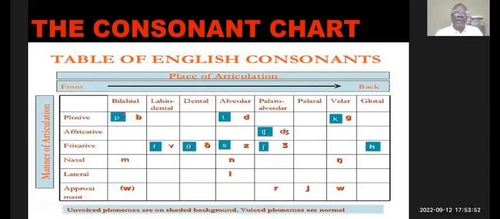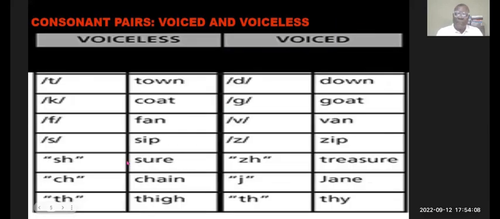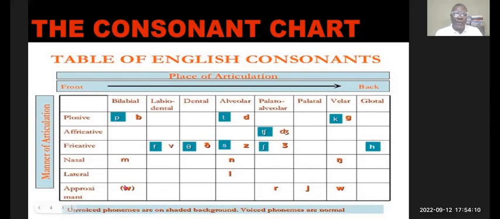And in terms of the place of articulation, you have bilabial, that is sounds produced with the lips. We talked about P and B, and then you have M too, and W. You have labiodental, dental, alveolar, palato-alveolar, palatal, velar, glottal. Now, we are not going into all these, but you can pause and look at it.